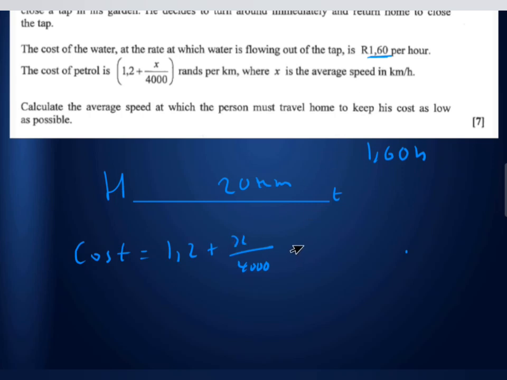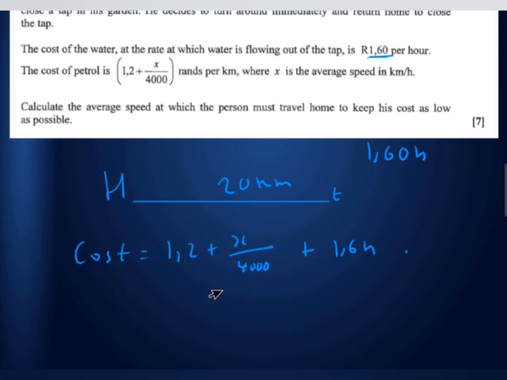Then we also have the cost of water running out of the tap, which depends on the hour, 1.6 times the hour, because it's 1.6 per hour. So we have created the equation for the total cost, and we just add them.